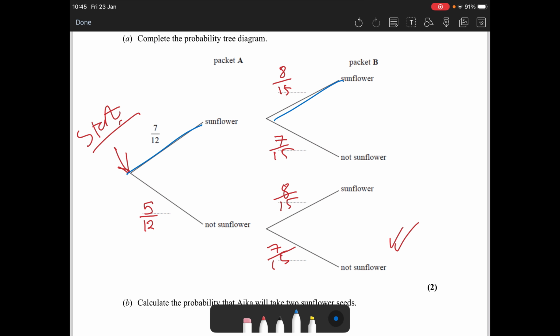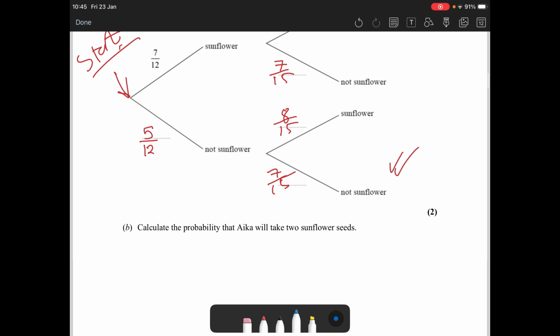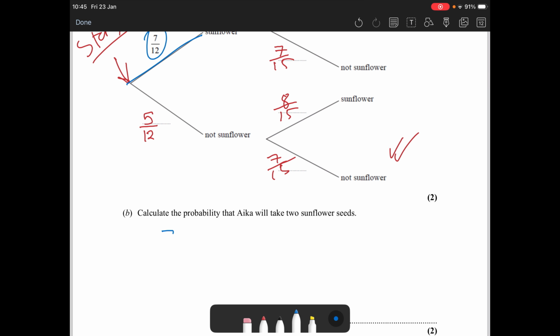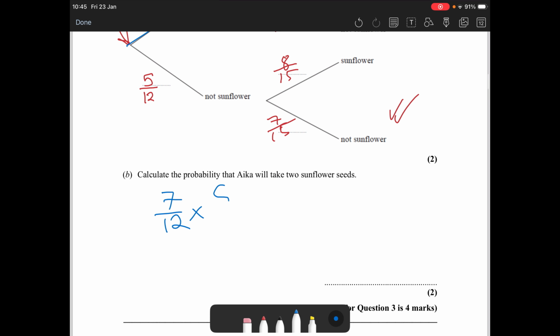So we multiply both of these probabilities together, meaning it's 7/12 for the first one multiplied by 8/15 for the second. Again, type that into your calculator. 7 over 12 times 8 over 15 is 14 over 45. Is your answer there.